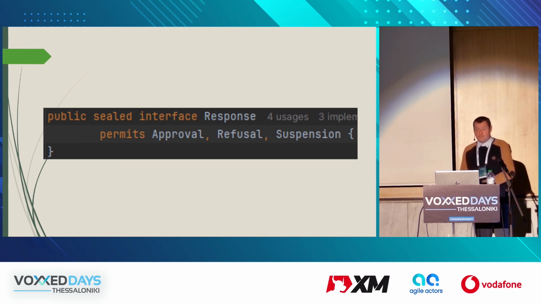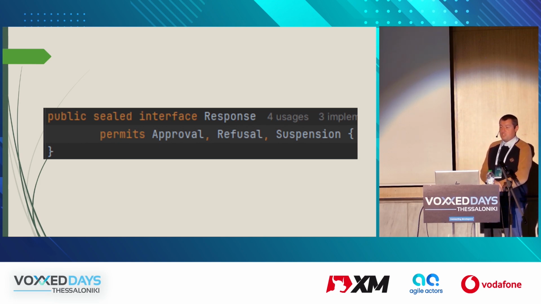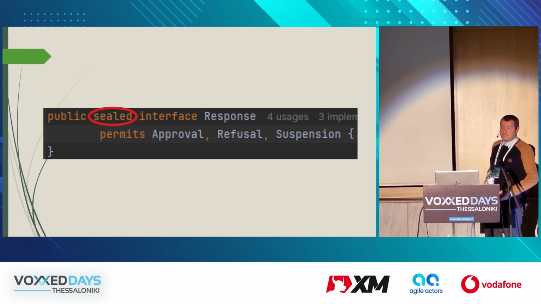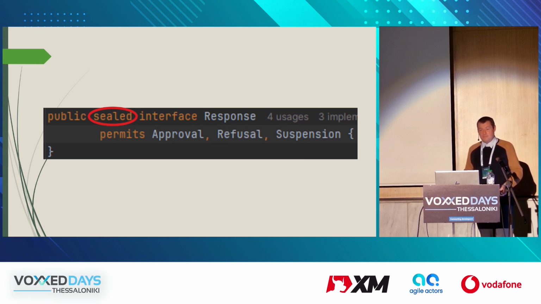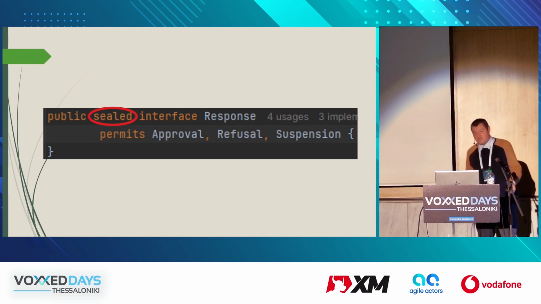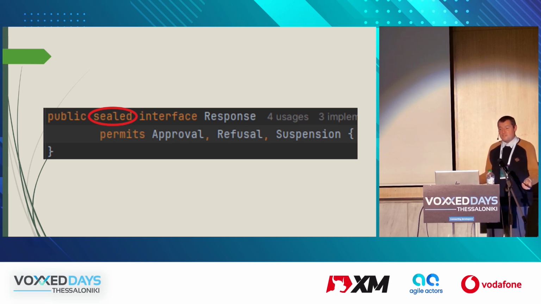Okay, so to accomplish that, we are just using the sealed keyword on the interface. Of course, this works exactly the same way when we are talking about classes. And the most important part, when we are using sealed classes or interfaces, are, of course, the classes or interfaces that meet our requirements and can inherit from it.